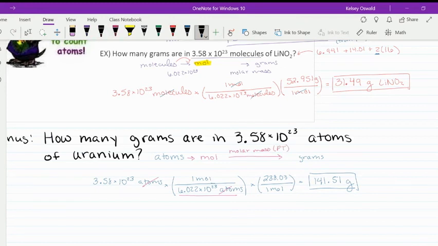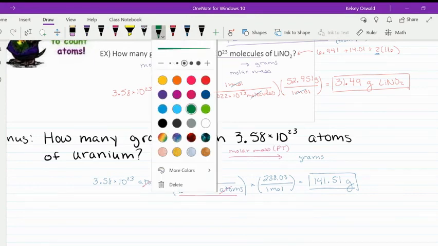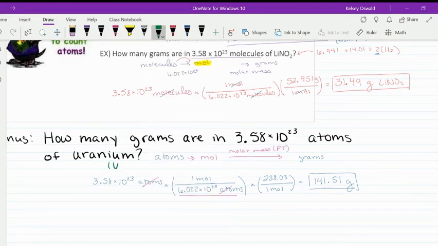Our next step then is to go from moles to grams. And remember, our tool to do that is going to be our molar mass from the periodic table. So we need to find uranium on the periodic table, and uranium has the chemical symbol U. When you find uranium on the periodic table, we see that it has a molar mass of 238.03. Since we don't have anything else bonded to that uranium, we can just use that 238.03.